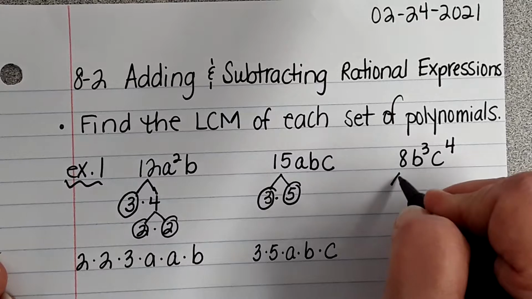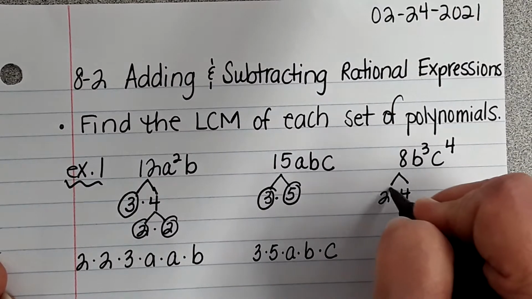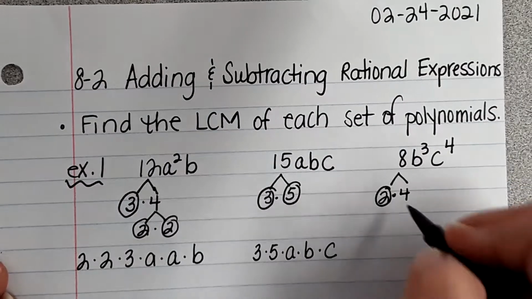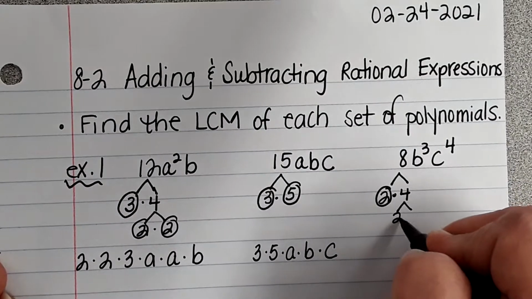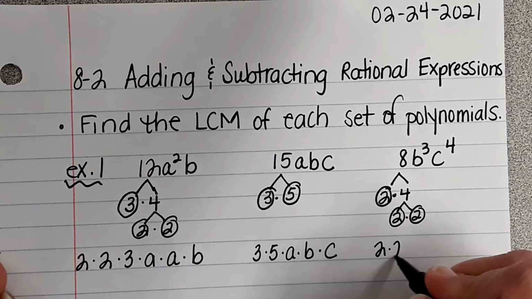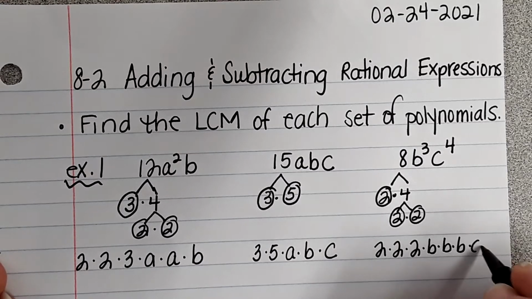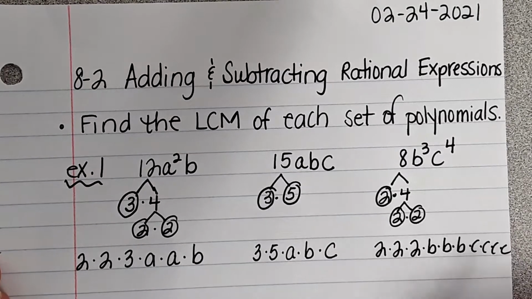What are two numbers you can multiply to get 8? And 4. And so we're going to have 2 times 2 times 2, B times B times B times 4. There we go. Those are 4 C's.